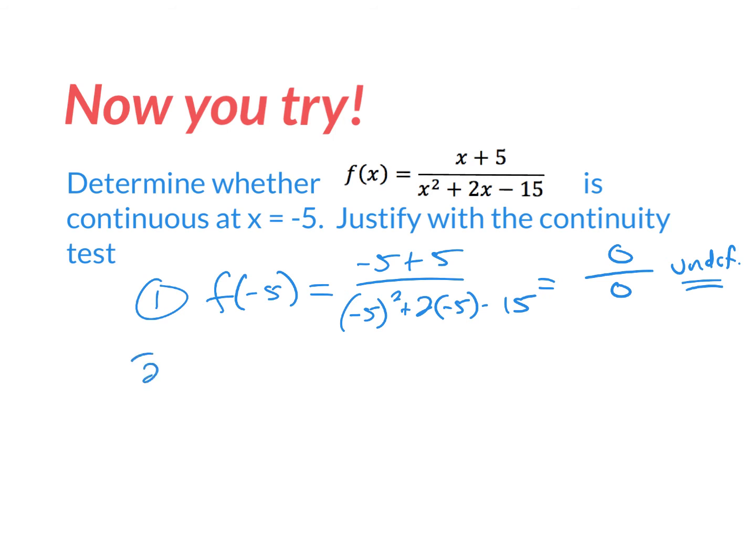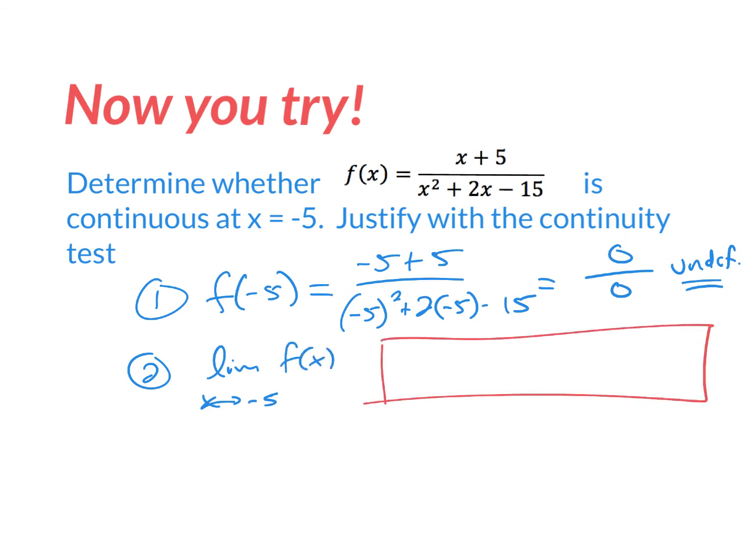So then step 2 is you're showing the limit as x approaches -5 of f of x. So remember, if you're going to set this up now, we got to do our table. Here you got to be careful, guys, because your table's around a negative value. Technically to the right of -5 is going to be less negative, right?